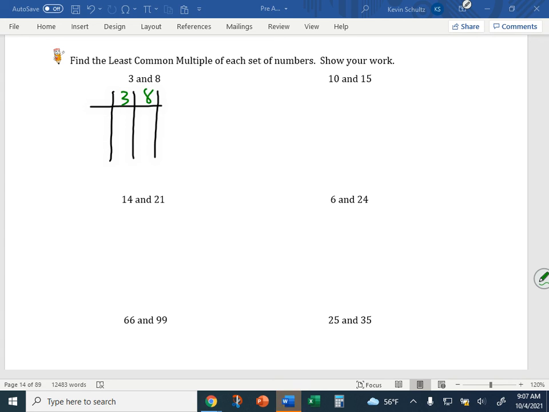So if your greatest common factor is 1, what's your least common multiple? 24. Okay? 24. All right?